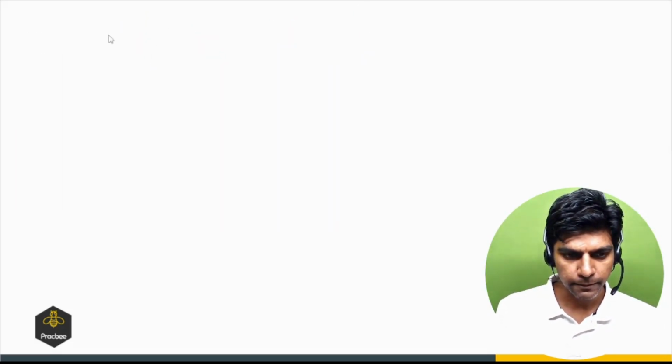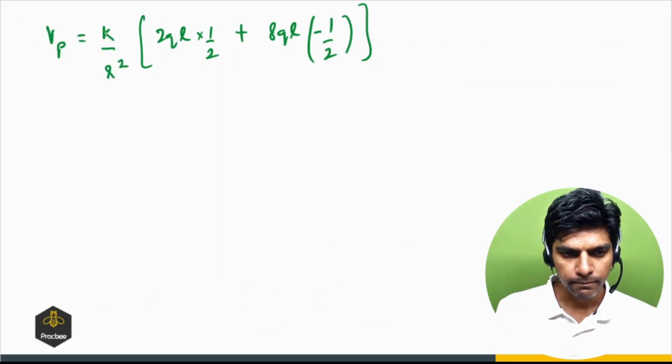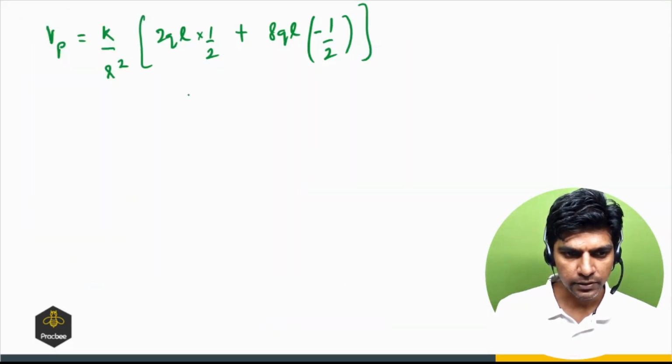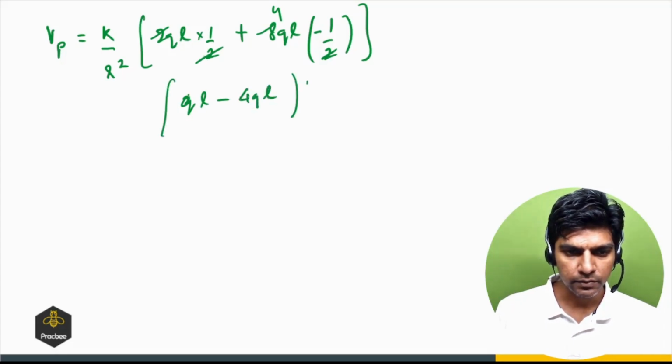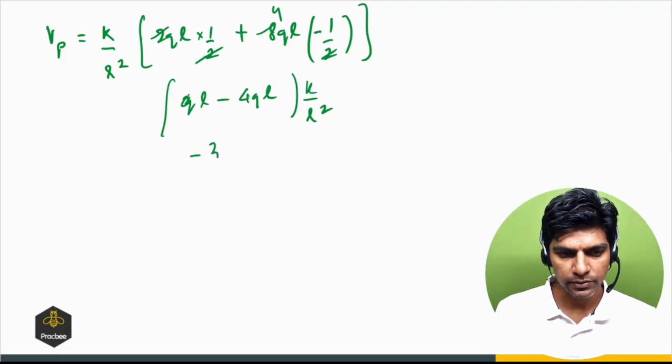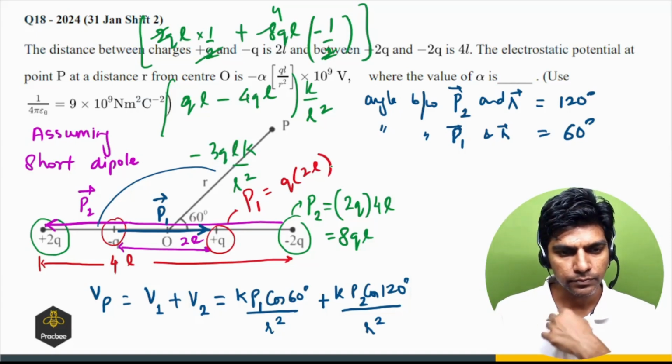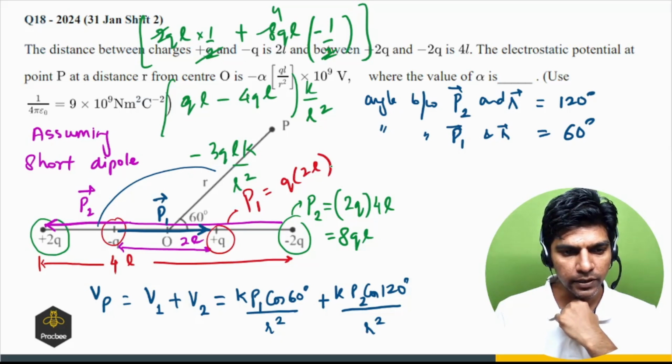So k by r square is outside. So this comes out to be QL, and this will be 4QL. So this will be QL minus 4QL times k by r square. So it will be minus 3QL k by r square. So minus 3, and we have to find the potential at point P.